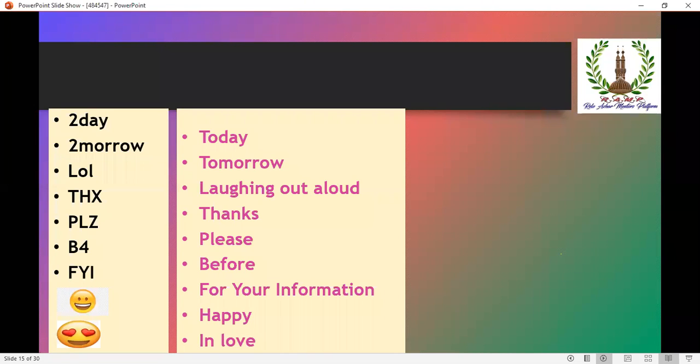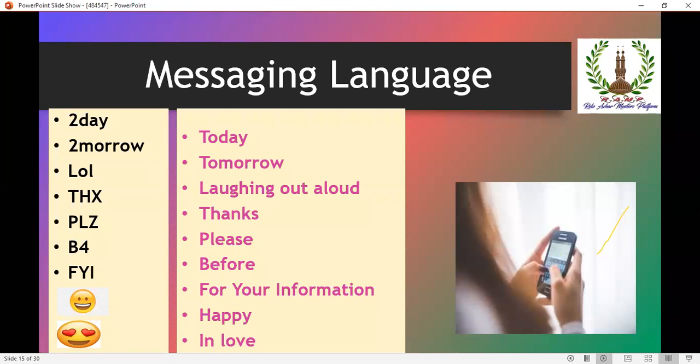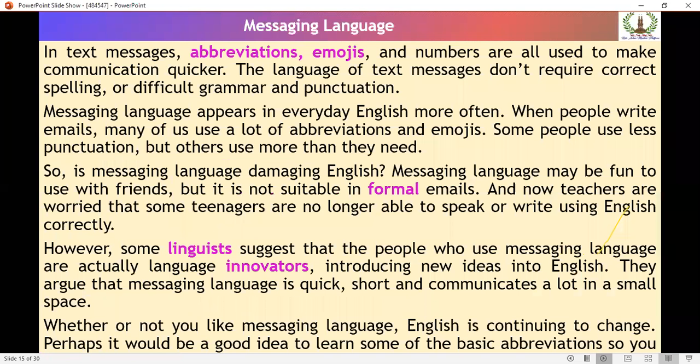Then you will ask students, even if it's in a video, where can you find this type of language? Have you ever used this language, or when? And you will give the picture of a girl texting her friend. So the topic today is messaging language. So for today, then you will introduce the text.